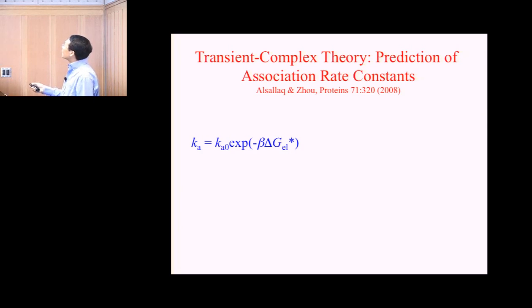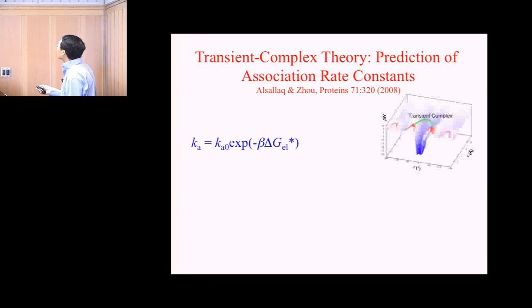And that help is captured by this Boltzmann factor, in which the energy is the electrostatic interaction energy in the transient complex. So to implement this method, we need to do three things. We first have to identify the transient complex. Roughly, this transient complex is located on the outer boundary of the native complex energy well.